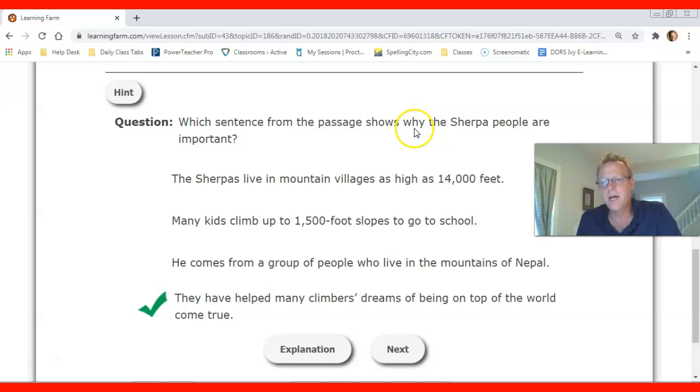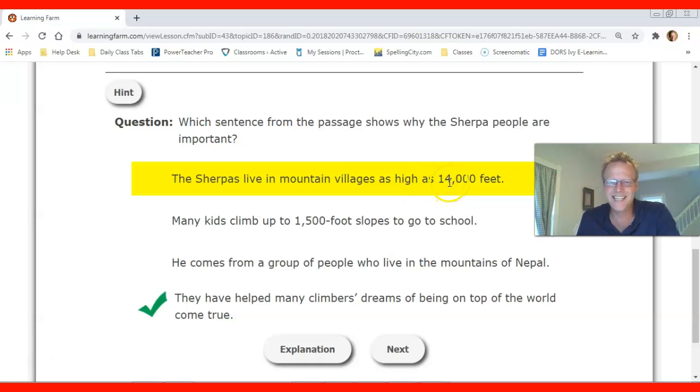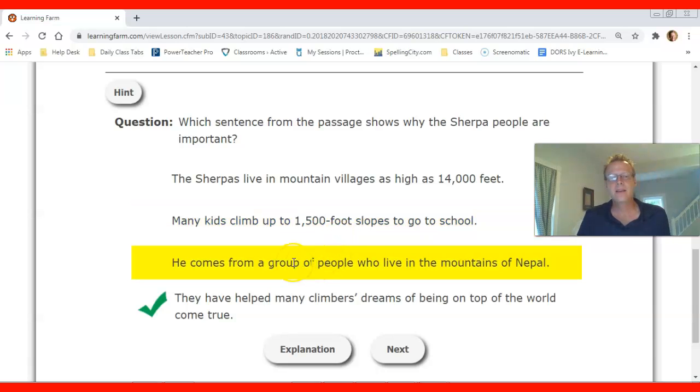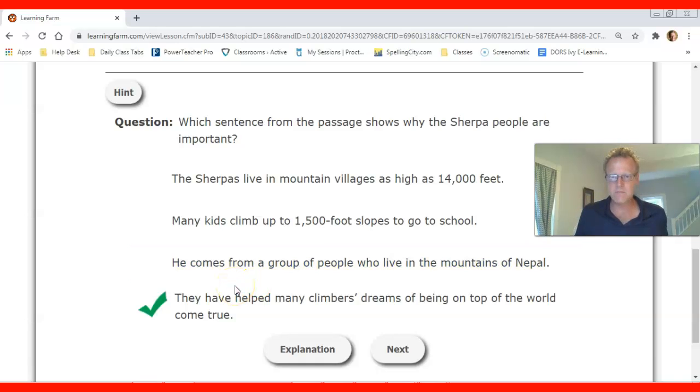Which sentence from the passage shows why the Sherpa people are important? They're not important because they live in the mountains at a high elevation. There's lots of people that live in the mountains at high elevation. They're not important because their kids climb these really tall slopes to go to school. That's not why they're important. This kid isn't important because he lives in the mountains of Nepal.